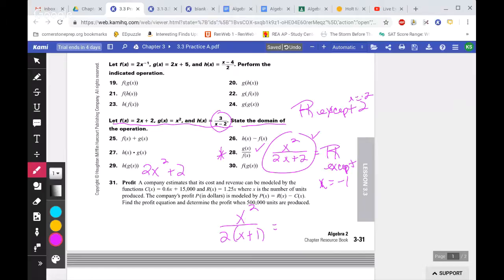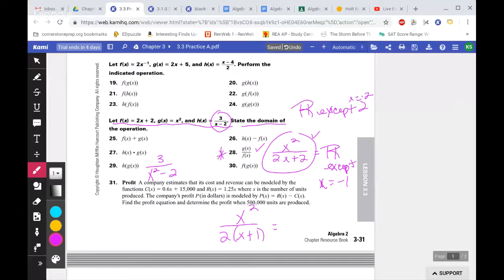Did I do that right? No, I didn't. G, so it's, sorry, 3 over x squared minus 2.